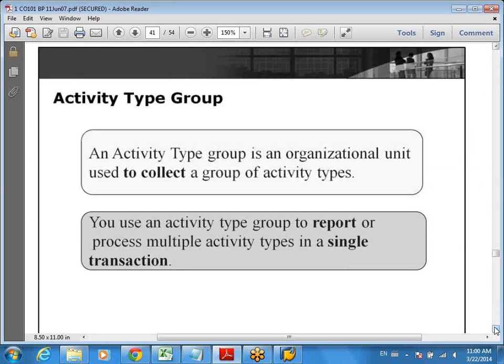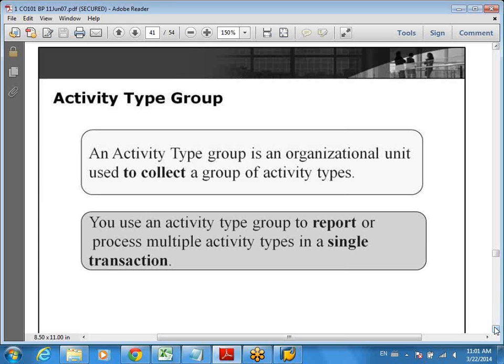You can also have activity type groups. Just like the cost center groups, you can have higher-level activity type groups. So you can put electricity repair, fitting a bulb, doing wiring, or installing an electric circuit, all those things in a group called electric services, something like that.